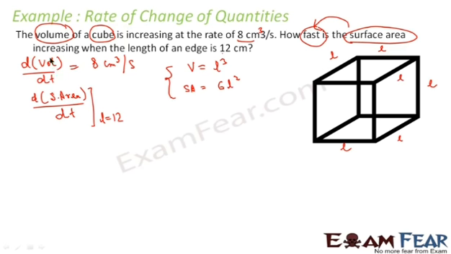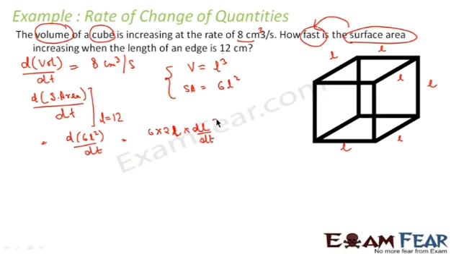So from these two we have to find one equation in terms of L, because we have to find this value, d surface area by dt, correct? So this is nothing but d of 6L square by dt, and the length is changing with time. This is 6 into, L square becomes 2L into dl by dt, correct?